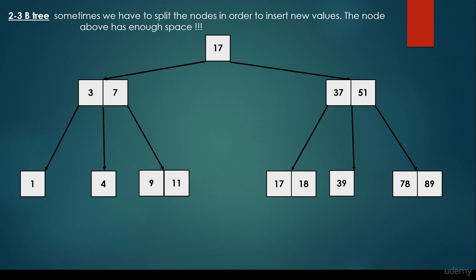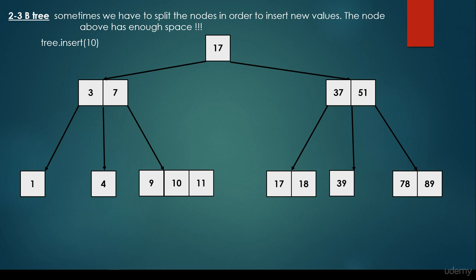What if we would like to insert 10? We start at the root node, we go to the left. 10 is greater than 3, so we visit the next neighbor. 10 is greater than 7, so we go to the right again. 10 is greater than 9, but it's smaller than 11, so we insert it here. It's very important that in a B tree, the node's keys are in sorted order.